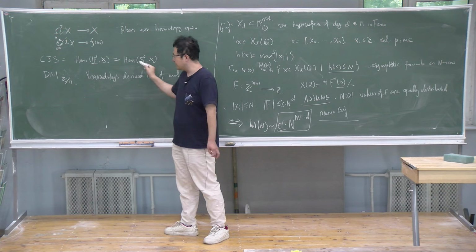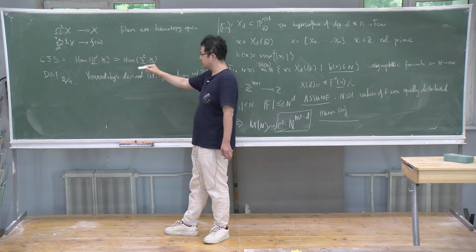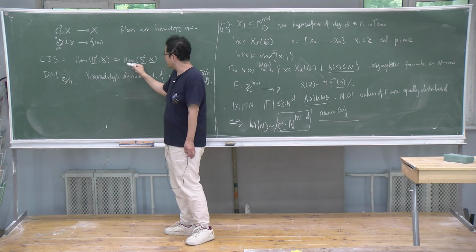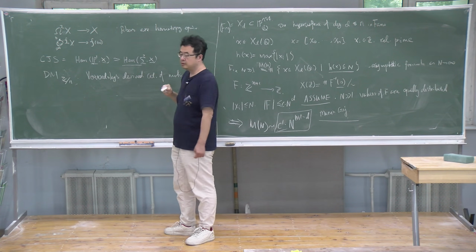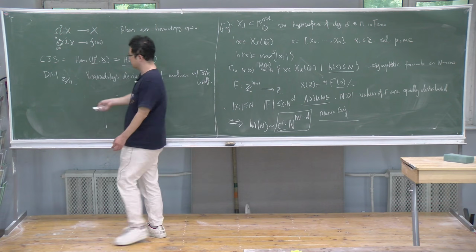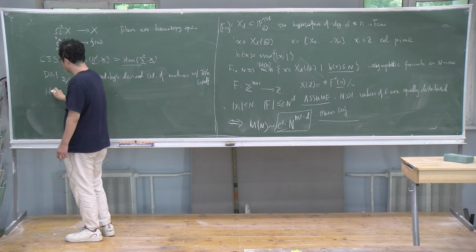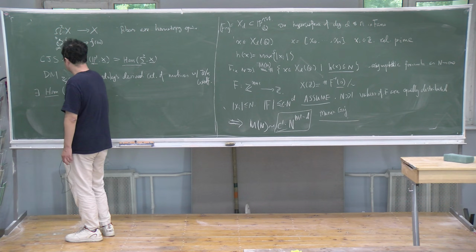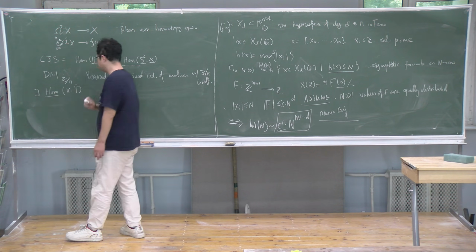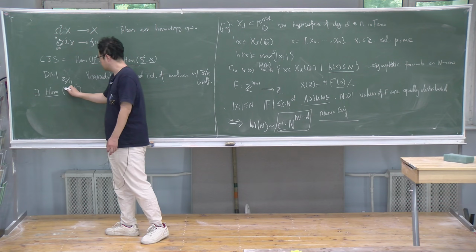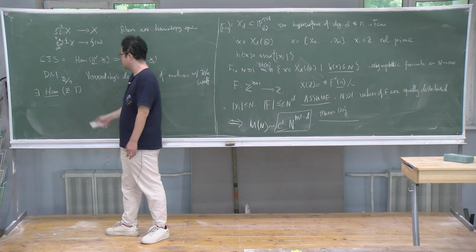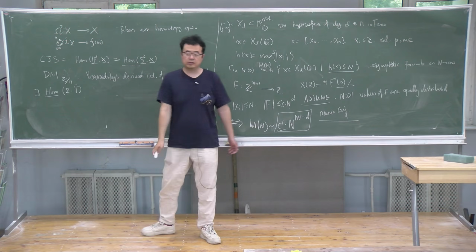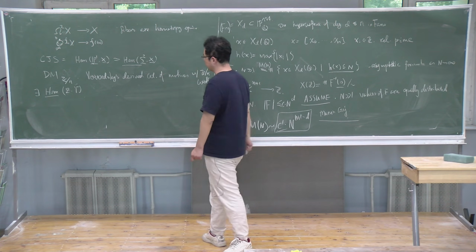And of course, you also have an internal Hom of any two objects in this derived category.